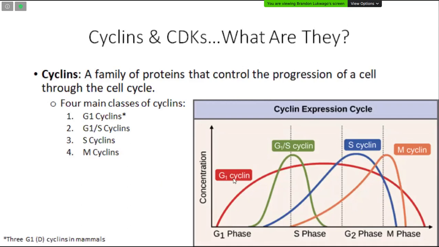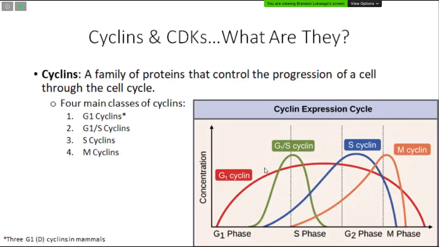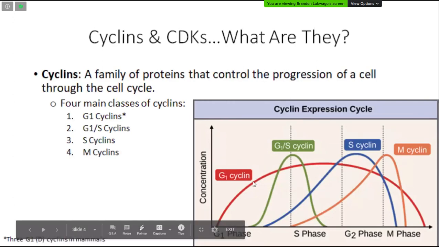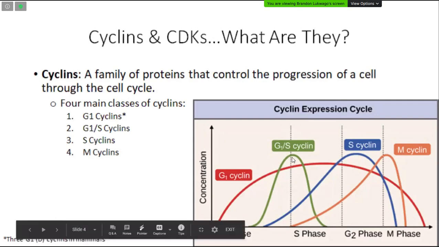The G1 cyclins bind CDKs and are mainly active in the G1 phase, but as you can see from the graph, they stay fairly constant throughout, because G1 cyclins are regulators for the G1S cyclin and the S cyclin. G1S cyclins are mainly active from late G1 to the S phase, S cyclins are mainly active in the S phase, and M cyclins in the M phase.